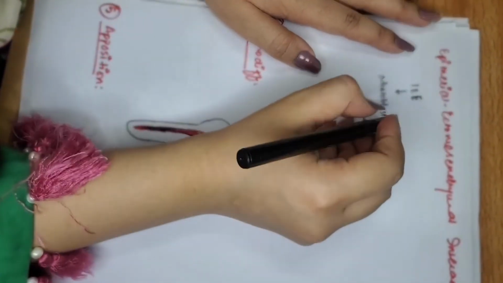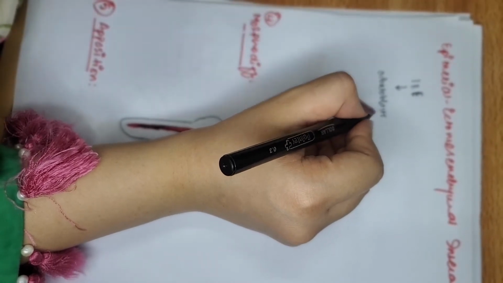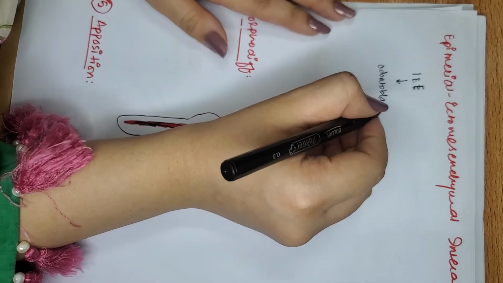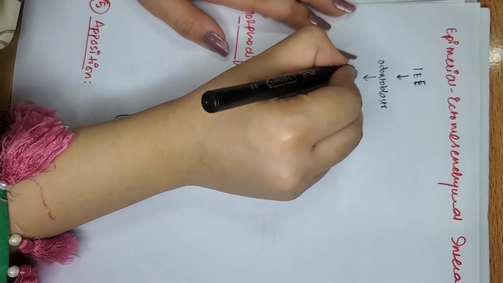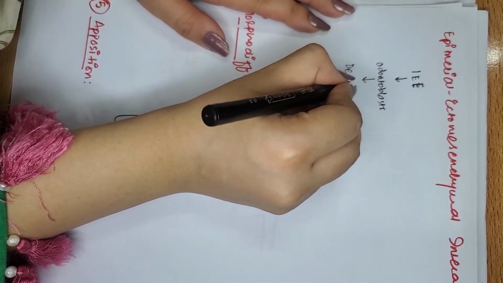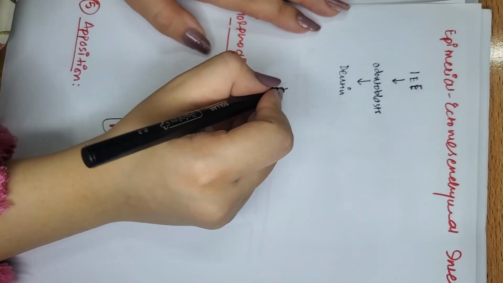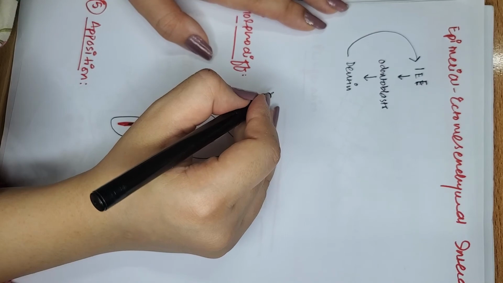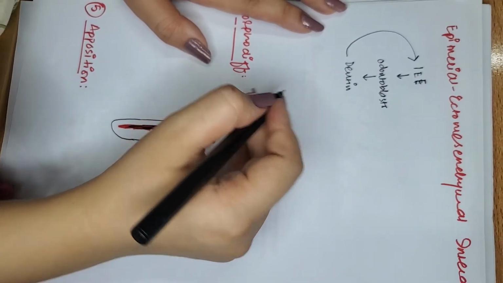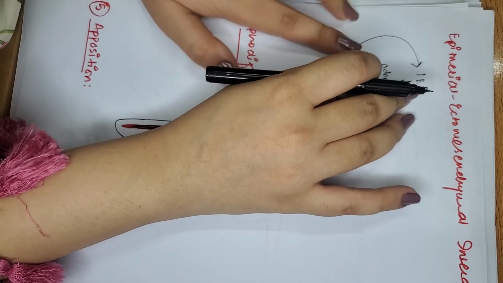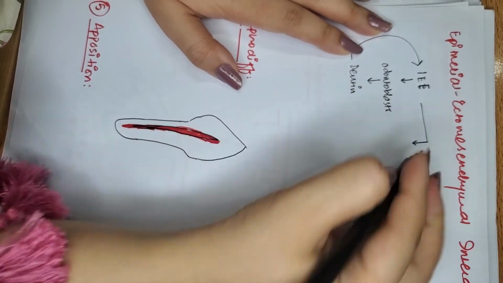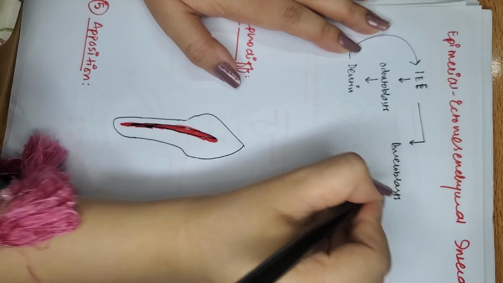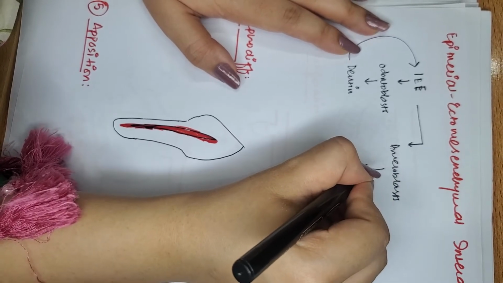These odontoblasts are now going to form the dentine, and now this dentine is going to again send the signals to the inner enamel epithelial cells, and these inner enamel epithelial cells are now proliferating into ameloblasts, and these ameloblasts are now going to form what?